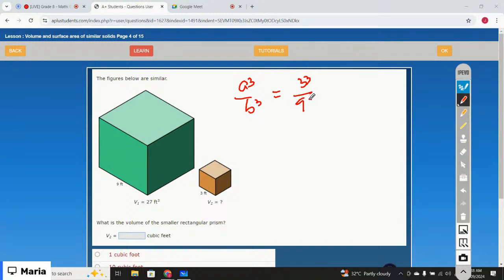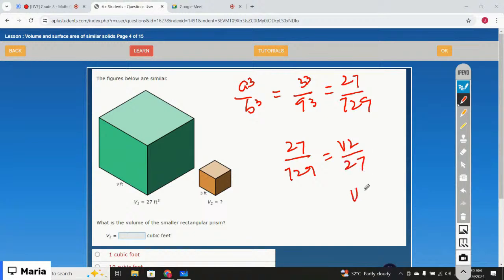That is 3 cube divided by 9 cube. 27 divided by 729. So that is 27 over 729 equals V2 over 27. That is V2 equals 27 times 27 divided by 729.